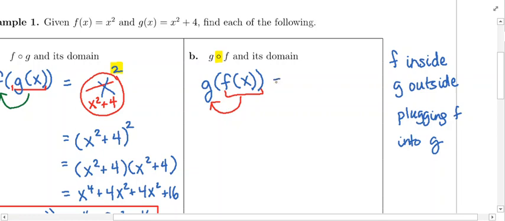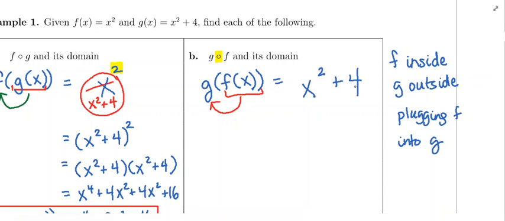So let me show you once again how I do this. We're plugging into g. G is my outside function. So I'm going to write down my outside function. My outside function is g of x, which is x squared plus 4. So we need to plug f of x into this.